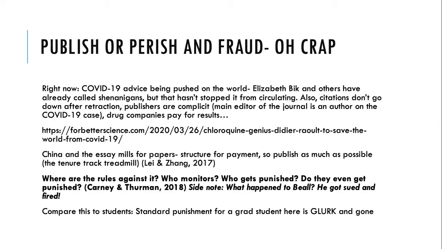Many universities have quotas for how much professors are supposed to publish every year, and oftentimes they will take into account what kind of journals you're publishing in when they're thinking, did you actually publish in good things?